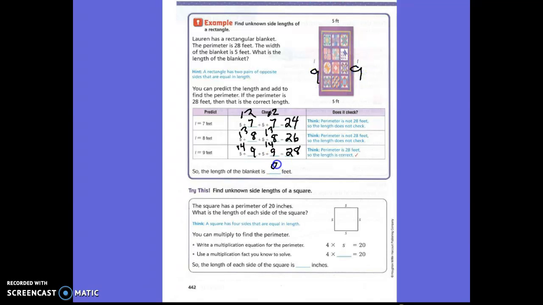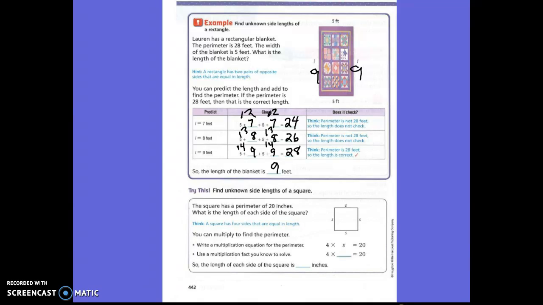Remember, we were guessing. I figured it out because I added 5 plus 5 and got 10. So the answer is 28, so you just do 18 plus 10, and then 9 plus 9 equals.